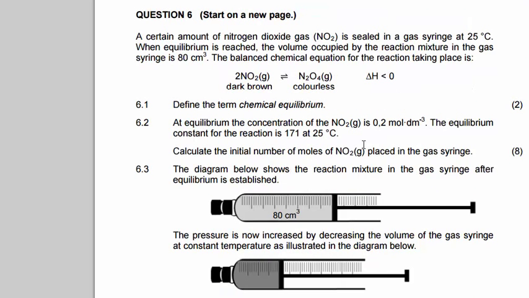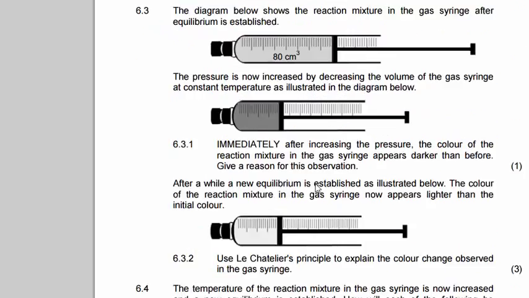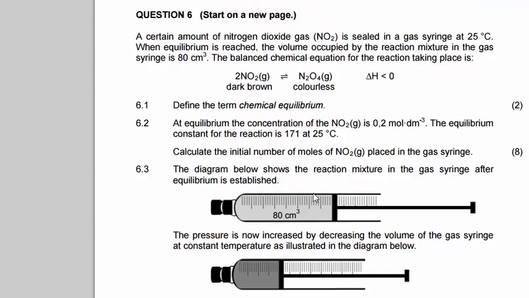Give a reason for this. It does make sense. If most of the space is being occupied by the dark brown, because it occupies 2 moles of space versus 1 mole, so most of the space is occupied by the dark brown.